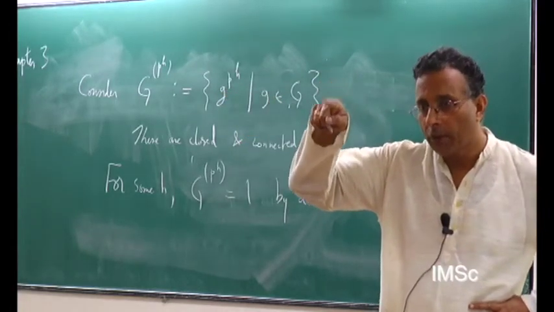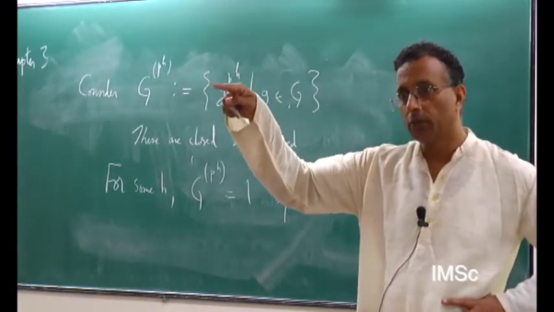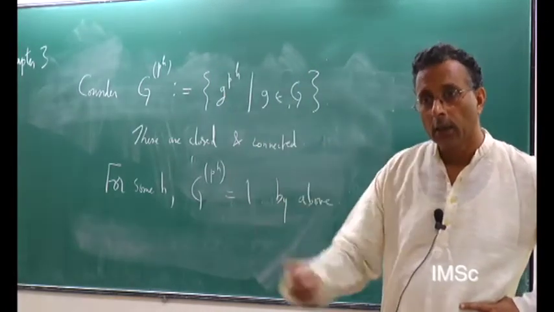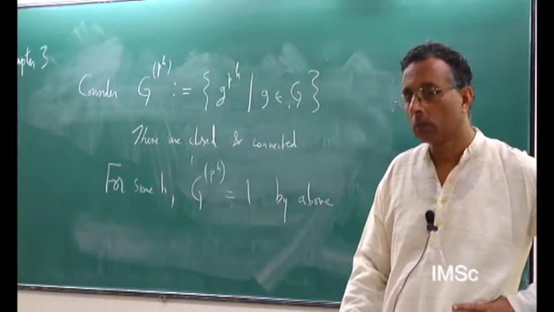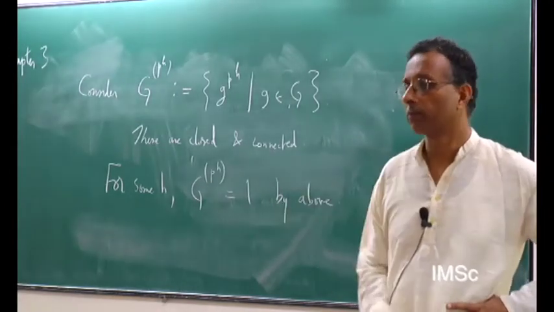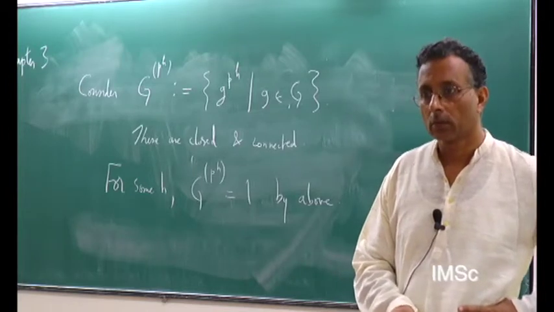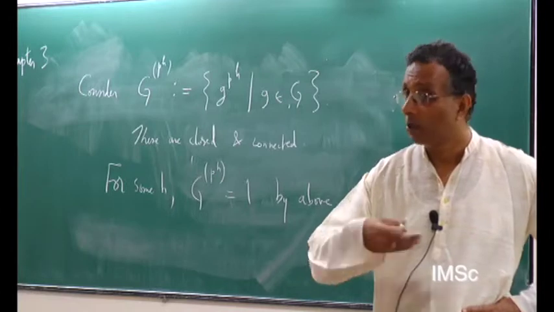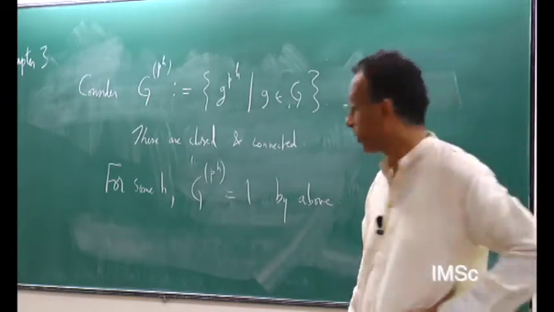If you think of the map G going to G to the P to the h, G raised to Q, that's a morphism from G to G, right? So the image is closed and connected.